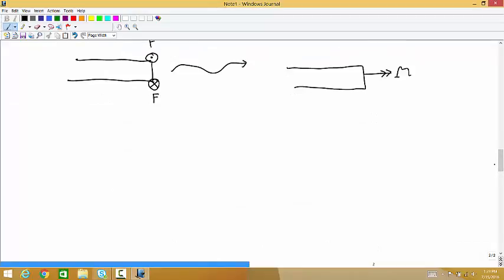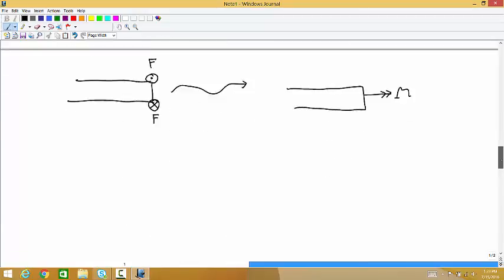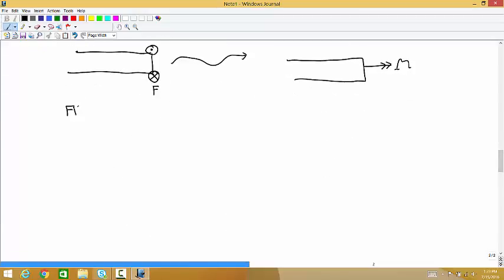I'm getting ahead of myself. We first need to calculate the external loads at the wall. So first, calculate the reactions at the wall.